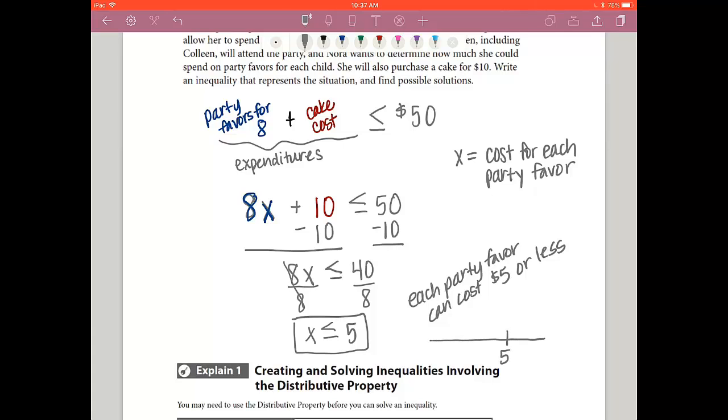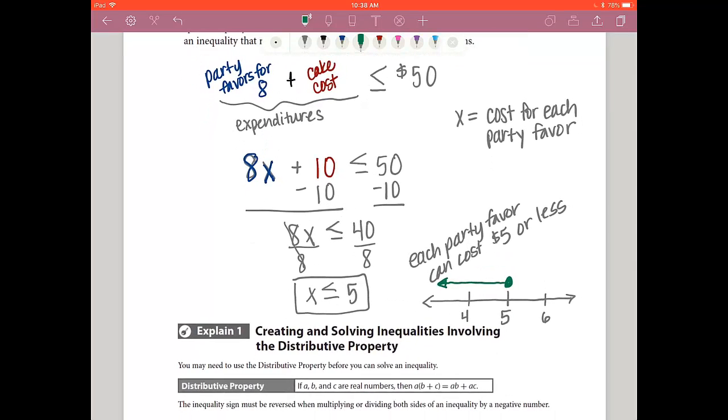So on a number line, we have $5. To the right on the number line, we would have 6, and to the left, we would have 4. And we can pick party favors that are $5 or less.